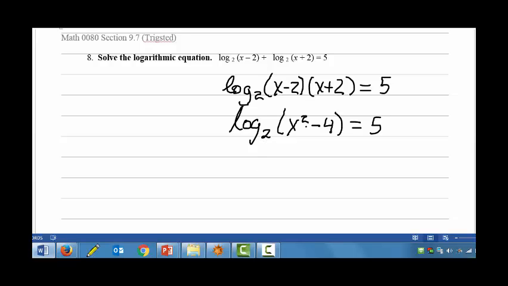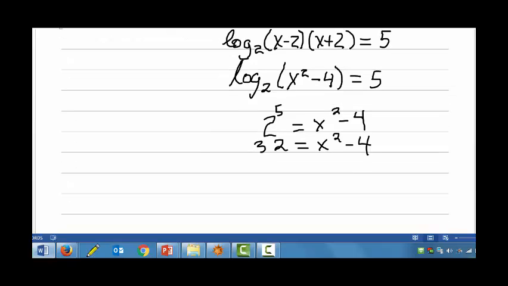If the base 2 log of x squared minus 4 is 5, then that means 2 to the 5th has to equal x squared minus 4. So this is 32 equals x squared minus 4.